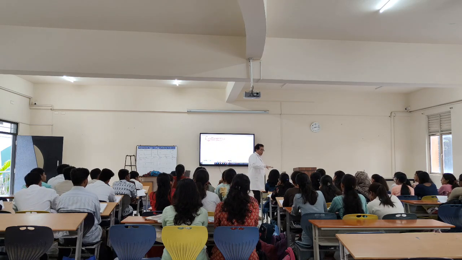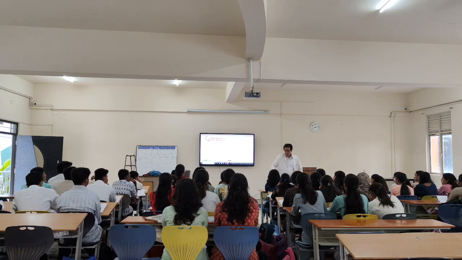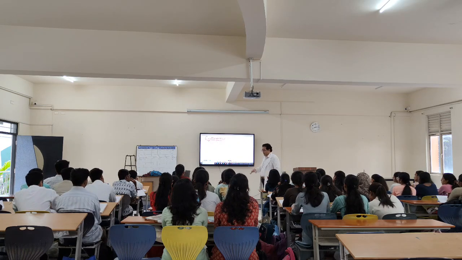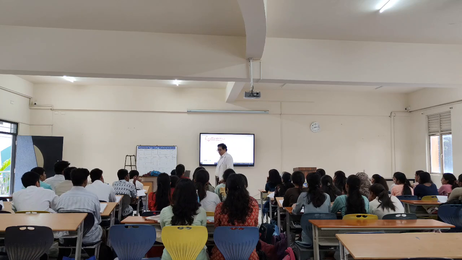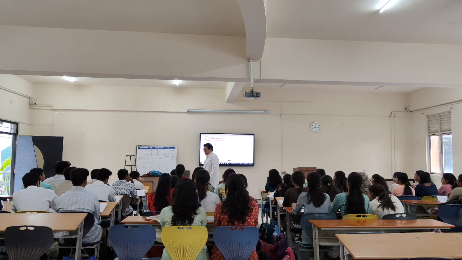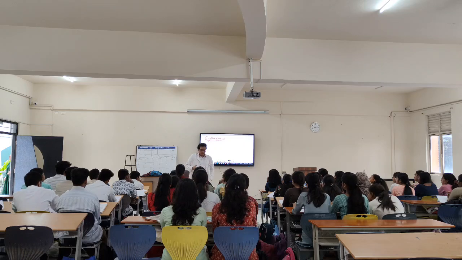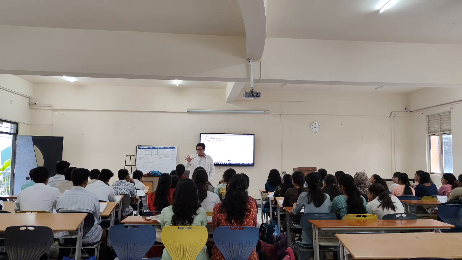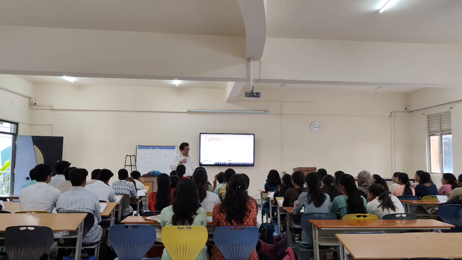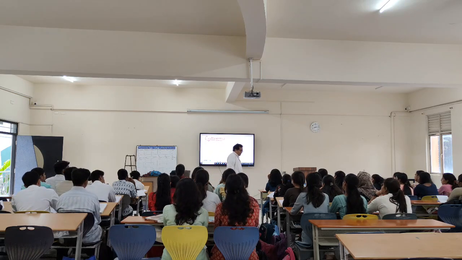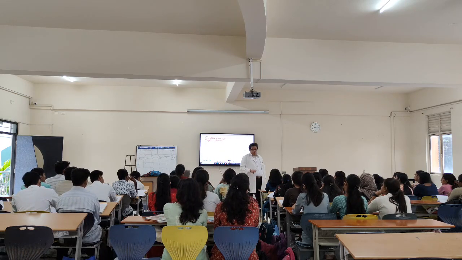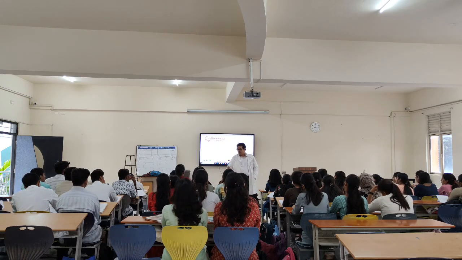So pregnancy usually lasts for how many months? 9 months. So your pregnancy is divided roughly into 3 divisions, 3 trimesters. The first trimester is roughly from the time of conception to the first 3 months. Second trimester is from 3 to 6 months, and 6 to 9 months is the third trimester. So in your first trimester, the production of your RBCs happens through stem cells.